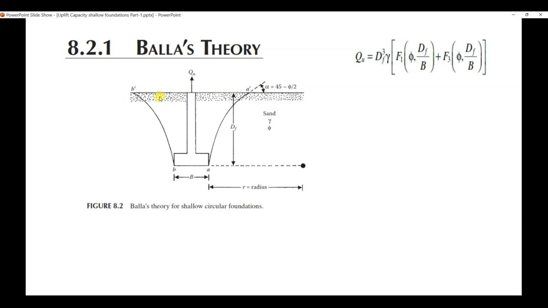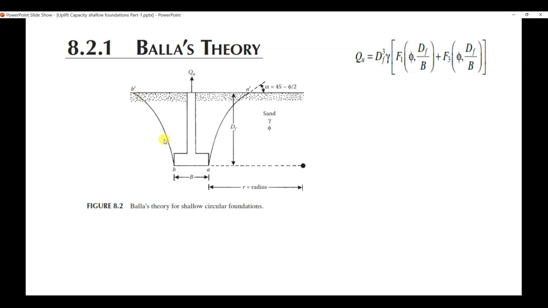So this is the general procedure. What is happening here is that the contribution of soil resting on the footing will come into play, and also the contribution of the soil in friction or in cohesion will play a great role at the failure surface.